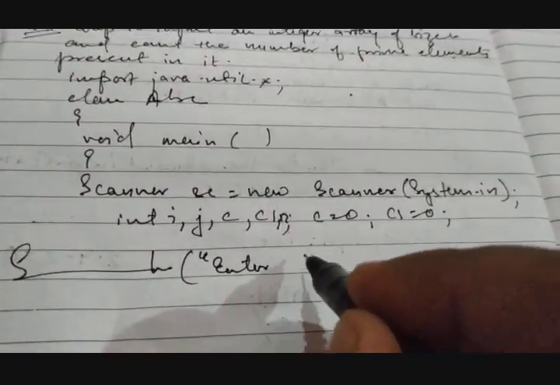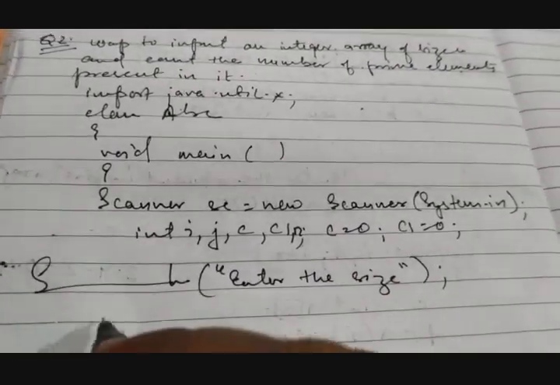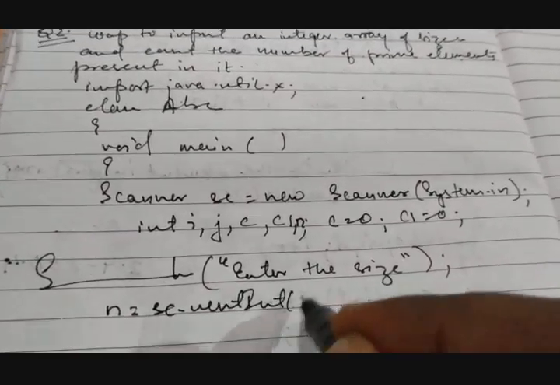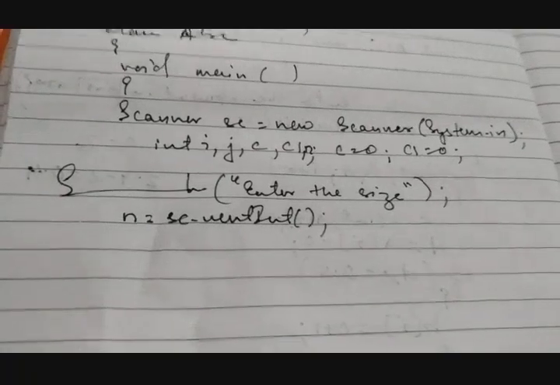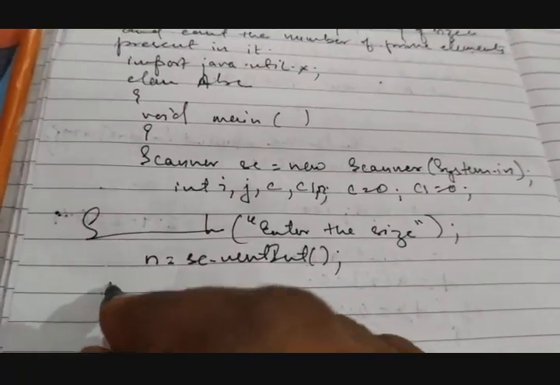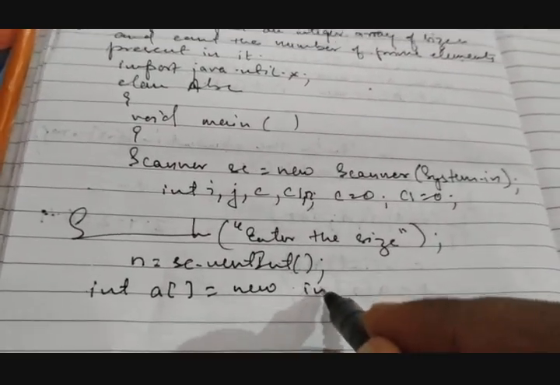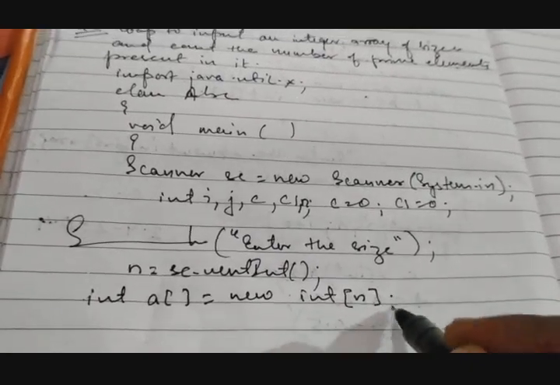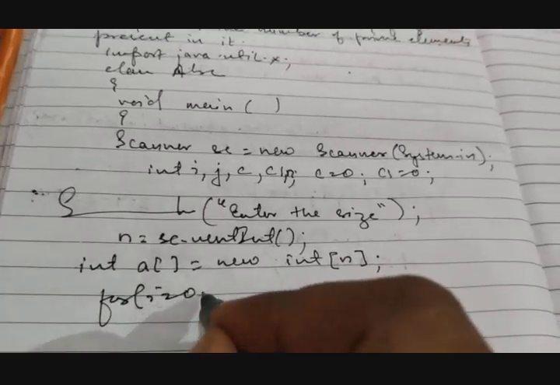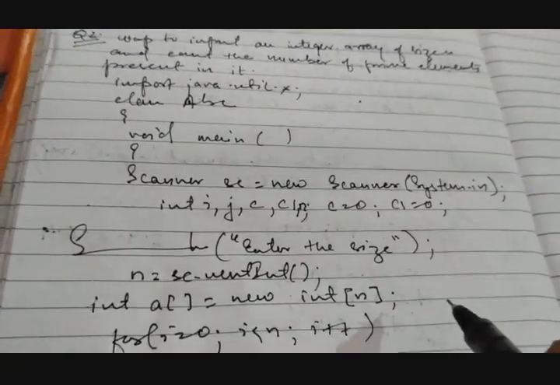Enter the size. n equals sc.nextInt() method. Now create an array, int a array equals new int n. Now element entry: i equals 0, i less than n, i plus plus.